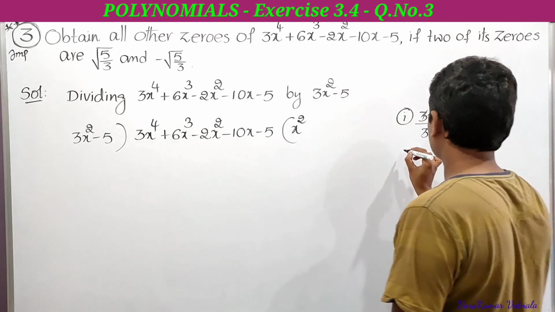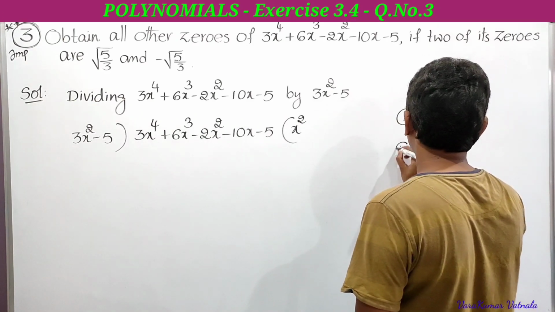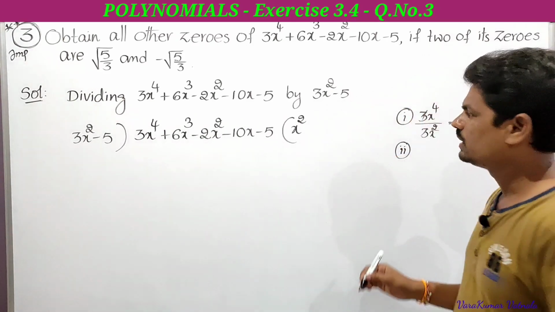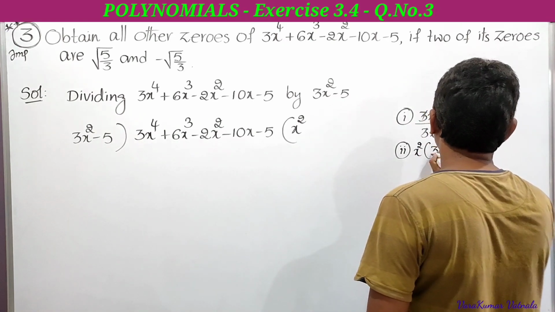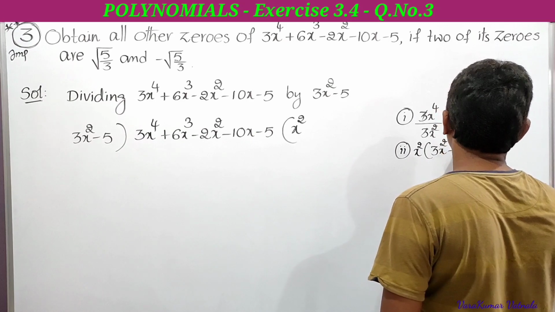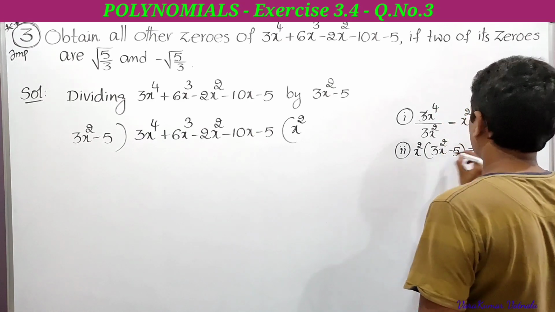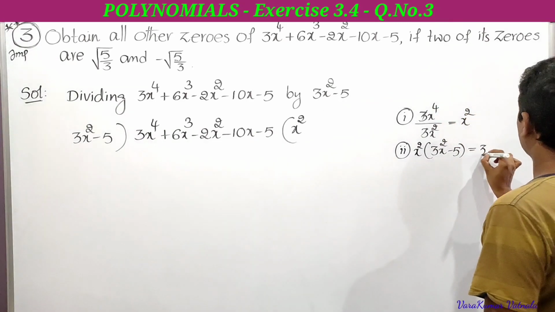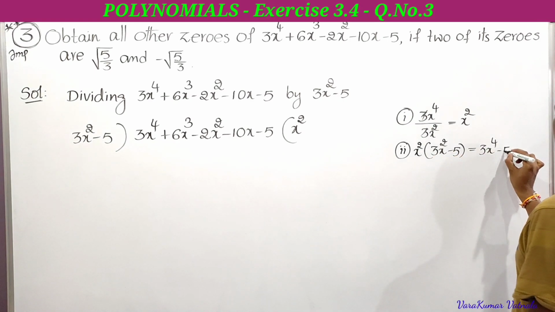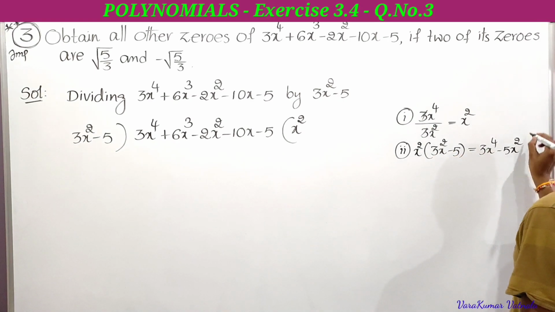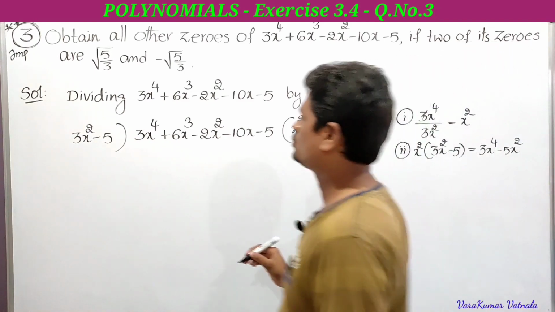In the second step, multiply the divisor with x square, that is x square into 3x square minus 5. That is x square into 3x square, 3x to the power 4, and x square into minus 5, minus 5x square. Now I have to write these two.